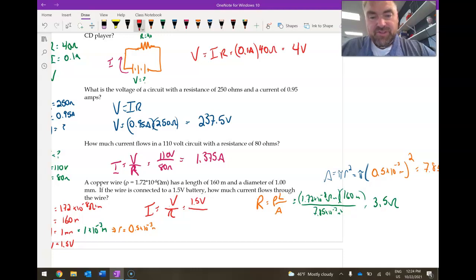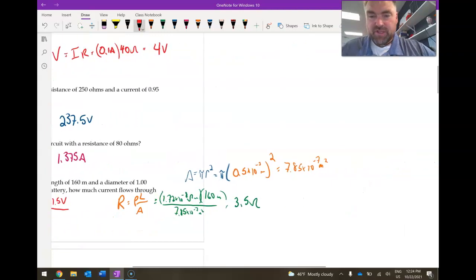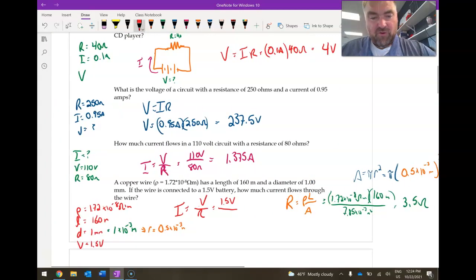I know the resistance was 3.5 ohms. And so when I divide those together, I find that my total current is 0.43 amps. And that's my final answer.